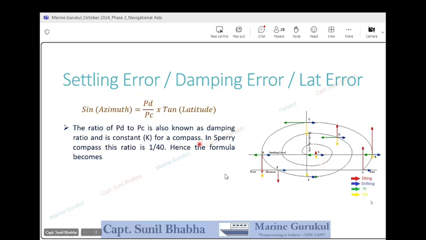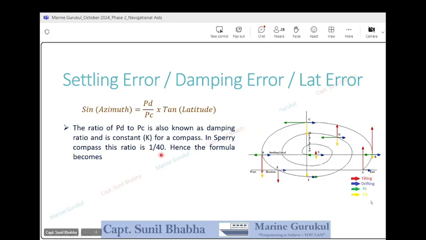So for a compass which is fitted on a ship, this ratio, the damping ratio PD upon PC, is fixed and constant. The Sperry make compasses have this ratio exactly matching 1:40.